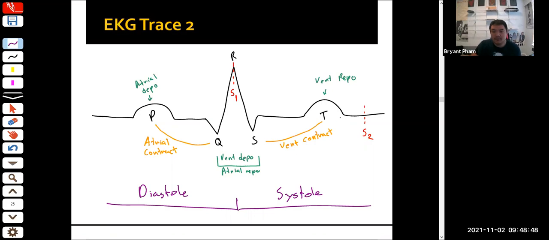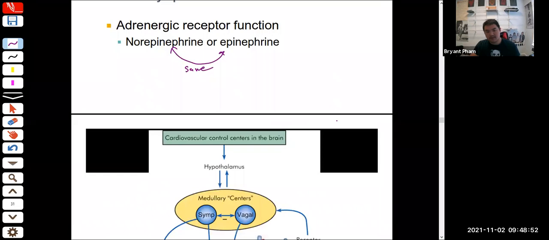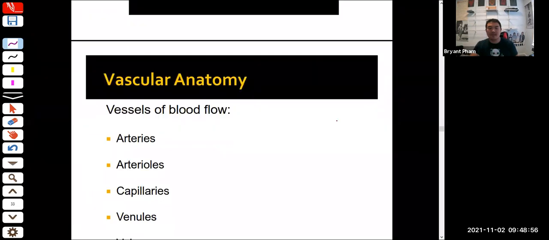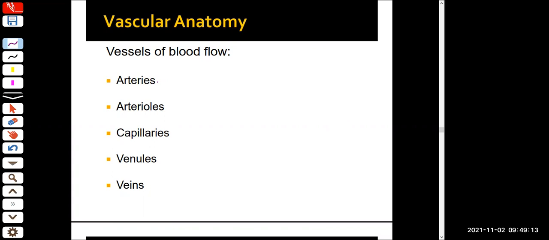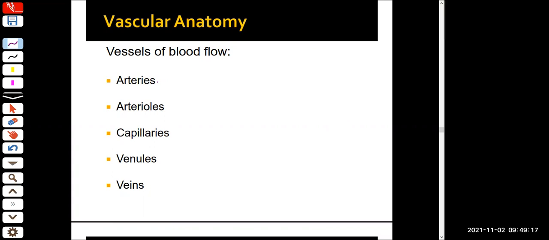Okay, so now we will be talking a little bit about blood vessels. Just various types here. You need to know a couple of properties about each one. So arteries, again, carry what kind of blood? Blood away from the heart.